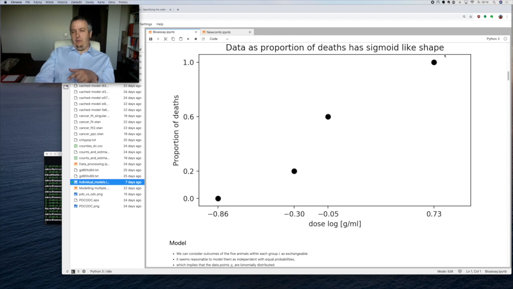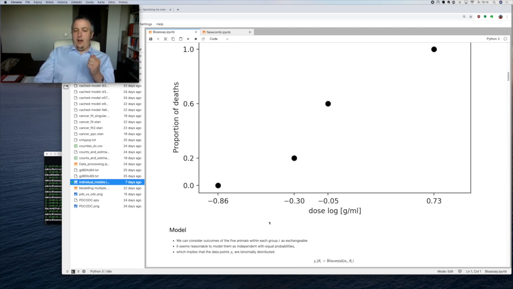Second of all, these are bounded values, because we cannot have more than 100% of deaths and no less than 0 deaths. So this is important. We can consider the outcomes of each of 5 animals in a group as exchangeable, because we have no reason to think that mice in one group differed from each other.